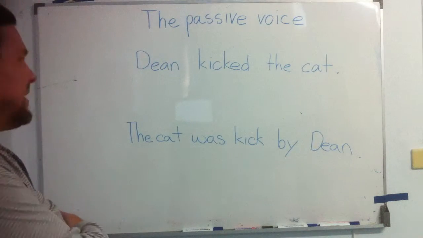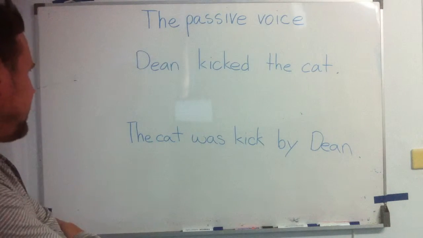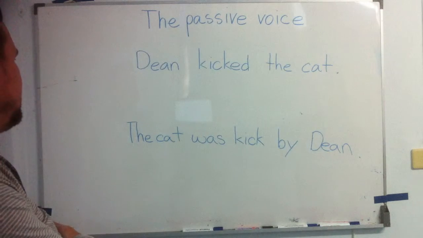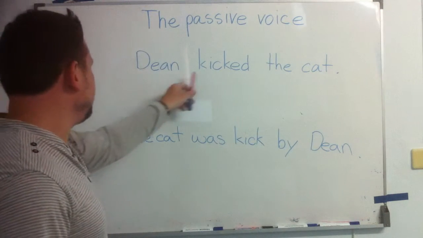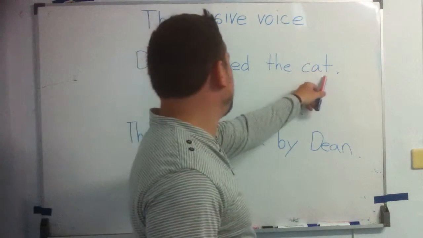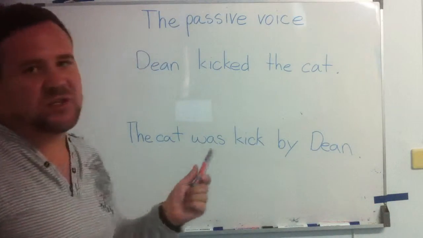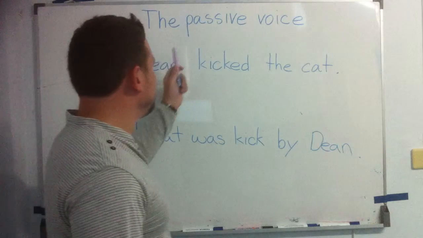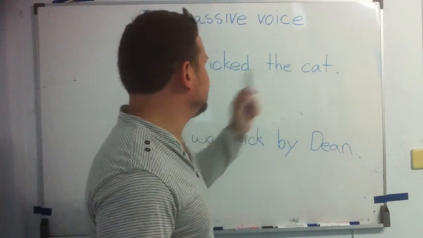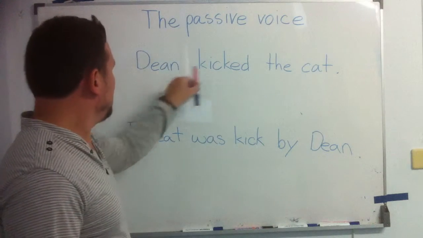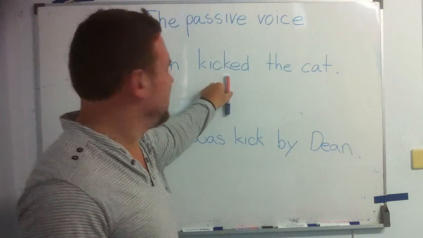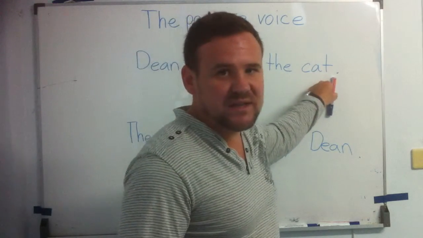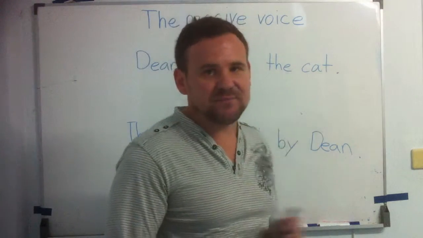Let's look at some examples. So example number 1. Dean kicked the cat. So Dean is the doer of the action. Dean is the doer. He is doing the kicking of the cat. So we have the doer, we have the verb, and we have the object. Yes, the object is the cat.